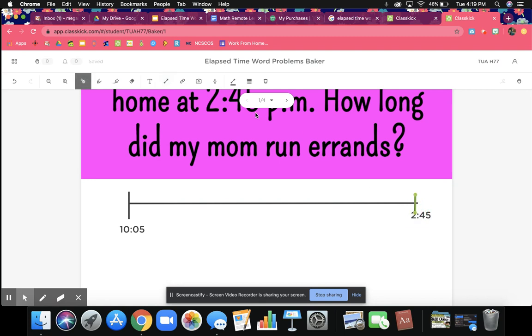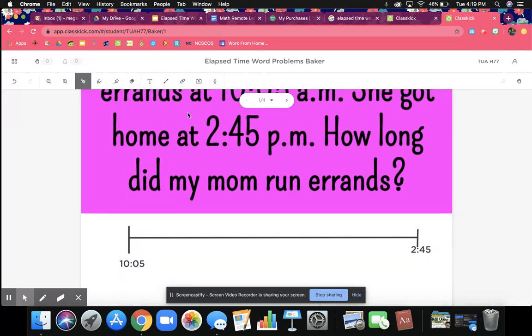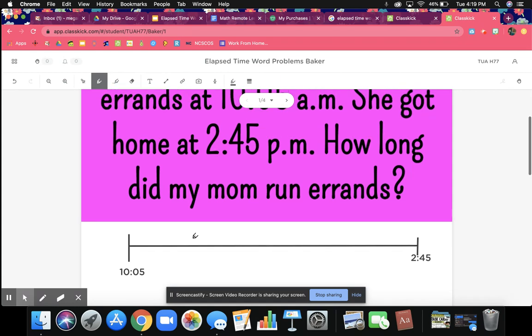So we are going to do our jumps. So I don't have a good line, so I'm going to use my pen, which is exactly what you guys can do. You can do it on your paper. So remember, you want to get increments that are easy to add.